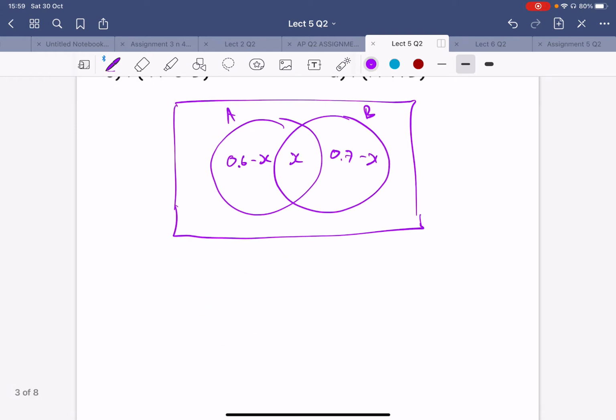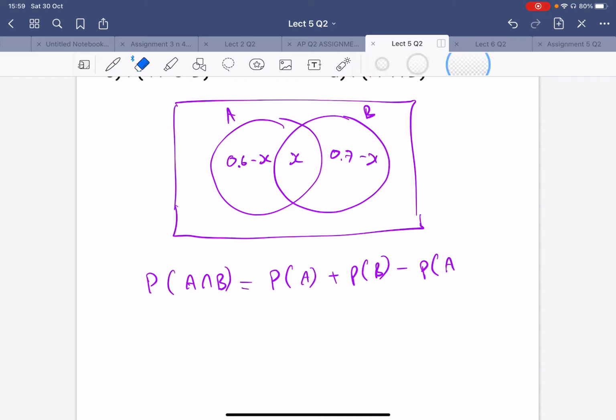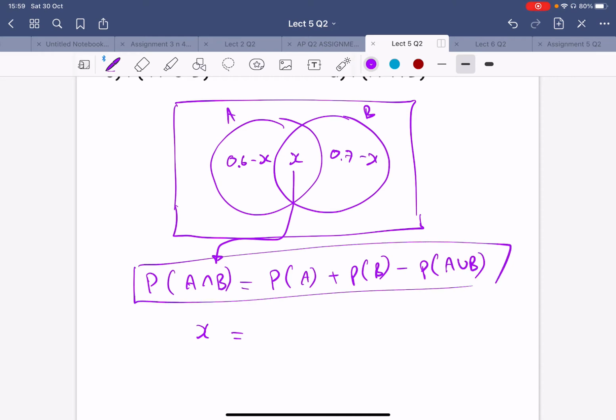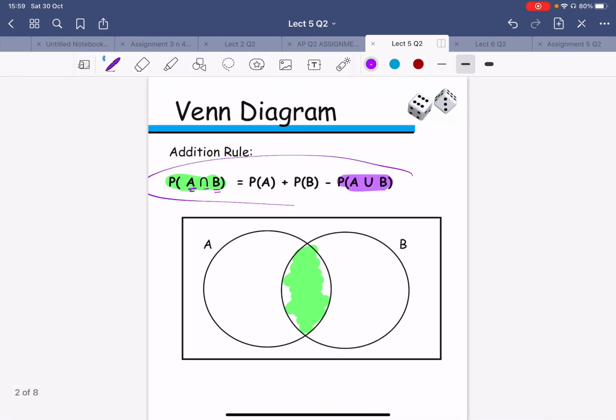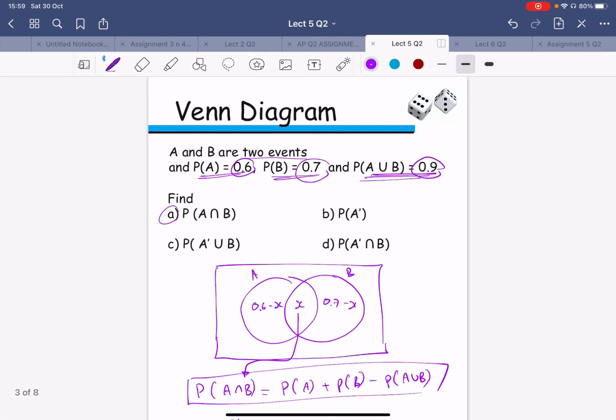So I can say that the probability of A union B is equal to the probability of A plus the probability of B minus the probability of A intersect B, which is X. I'm applying this rule, which was on the previous page.